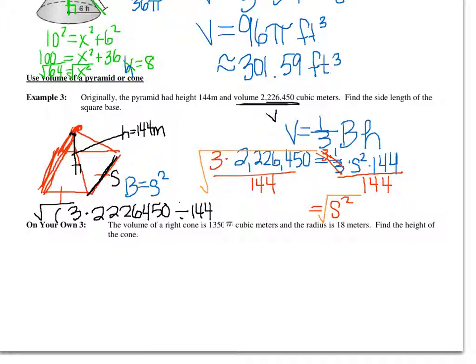Since we only have one thing in the bottom, we don't need extra parentheses. Then close your parentheses there. And you should get, for your answer, 215 and 37/100ths. And then we're looking for a side length, so that would just be in plain meters. So this is my side length right here.